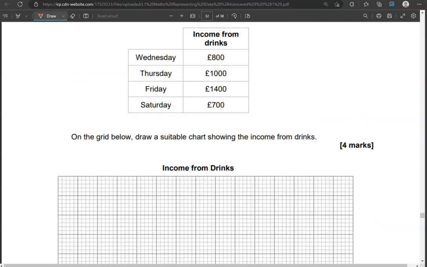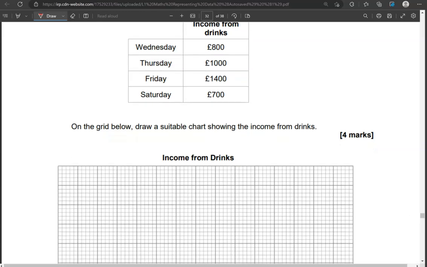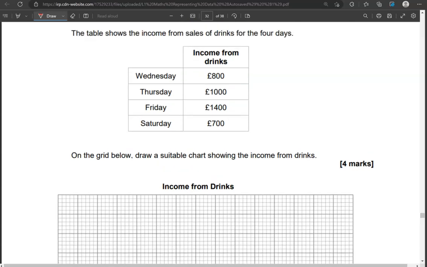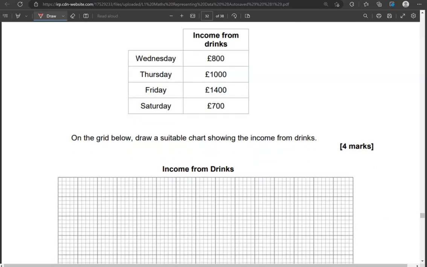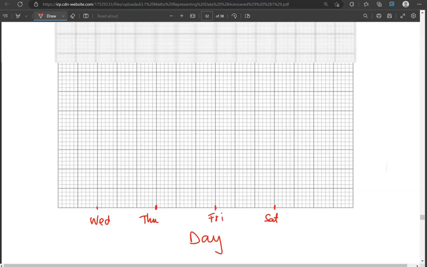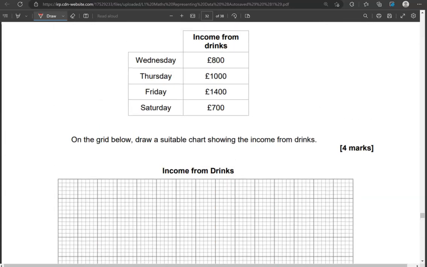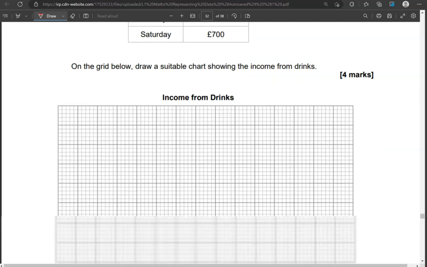Again, in this case, we could do a line graph or a bar chart. Both of them will work. I'm going to do a line graph. So, horizontally, I'll show you the days from Wednesday to Saturday. Vertically, we'll show income from drinks, and it goes up to 1,400.